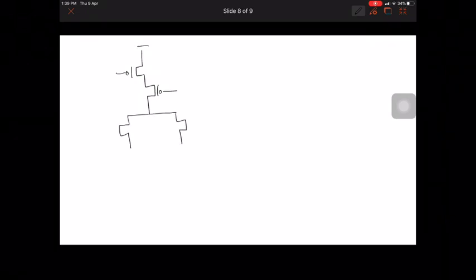Okay, so now let's look at the NOR gate. The NOR gate is the opposite, in which case the PMOS are in series and the NMOS are in parallel.